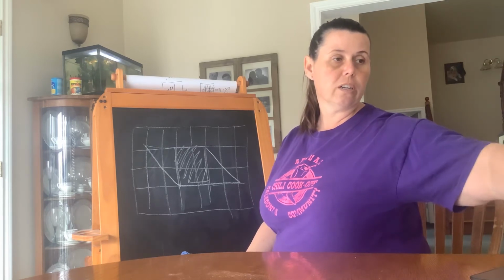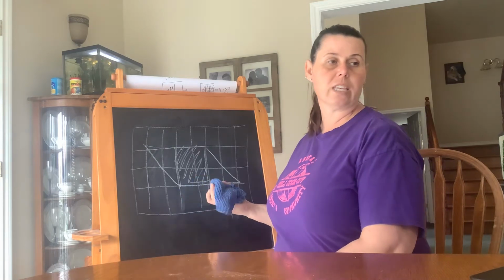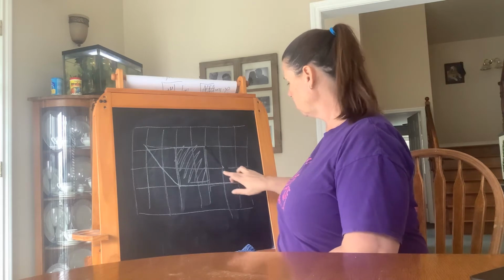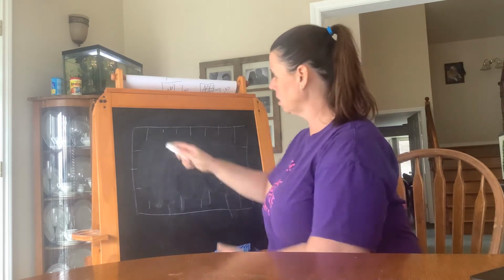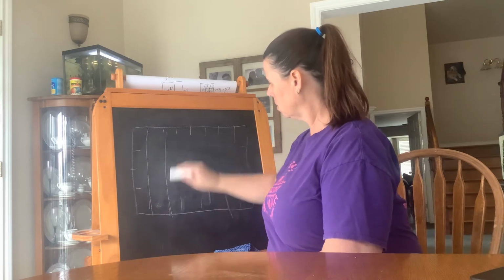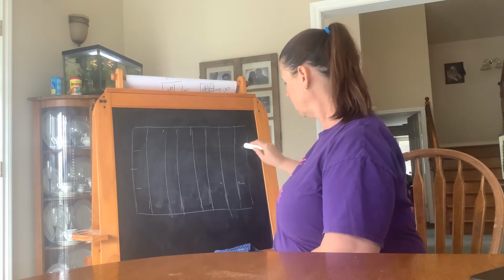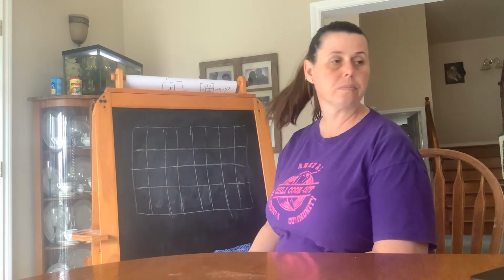Number 4. What is the base of the triangle? What is the area of the trapezoid? Okay? I'm just going to get rid of my, I can join my lines back up. Okay.